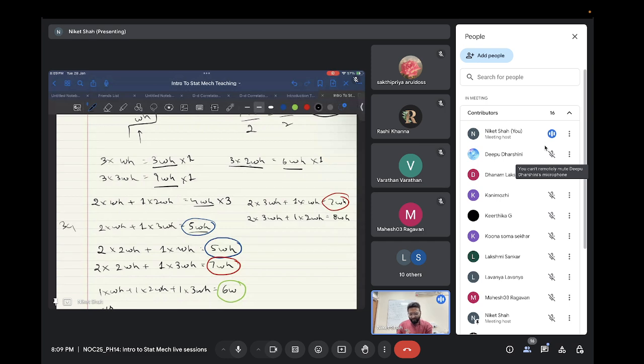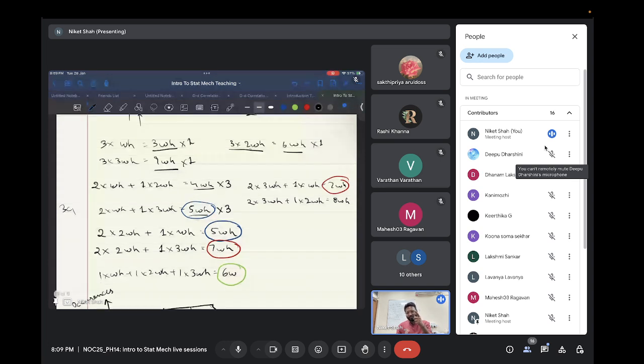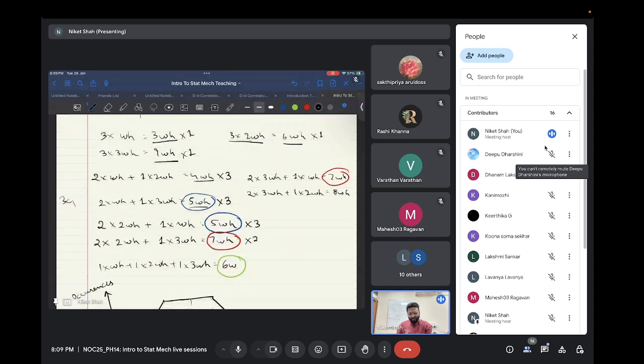Similarly, 5 WH also, two people on staircase 1, one person on staircase 3. That also has three arrangements possible. This second way, in which two people are on staircase 2 and one person is on staircase 1, also has three arrangements. All of these similarly have three arrangements possible, into 3, into 3.